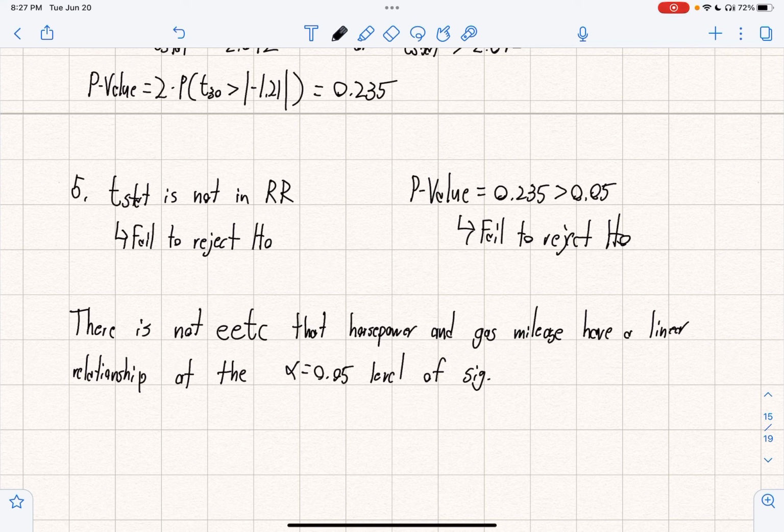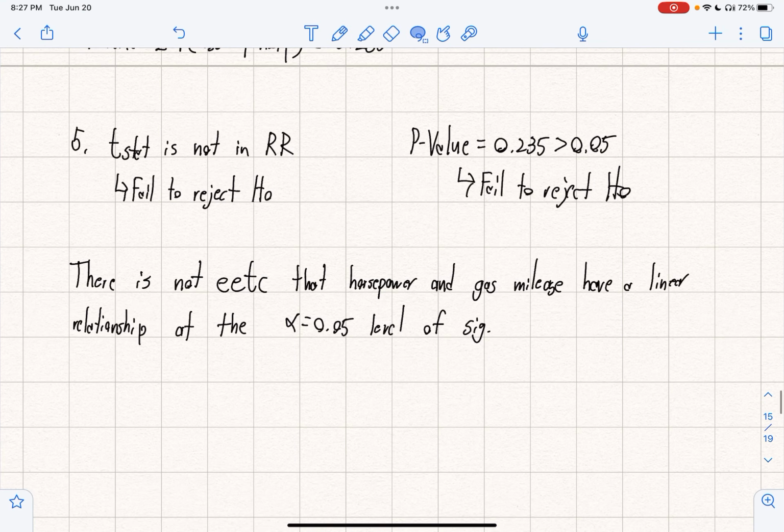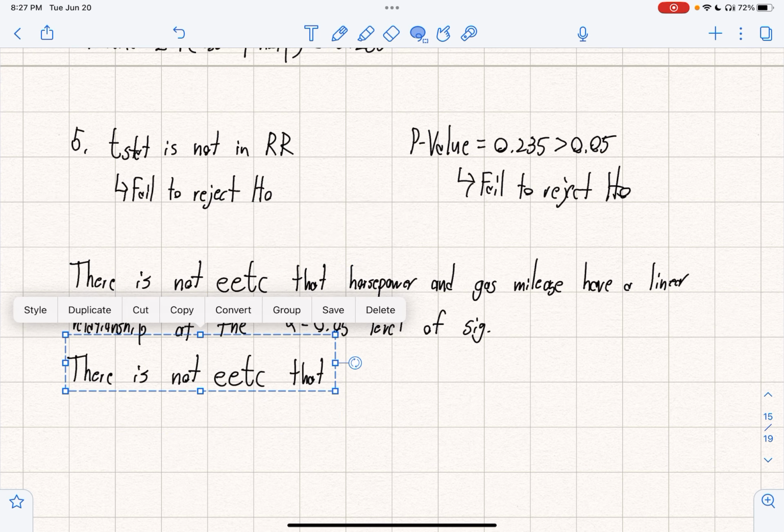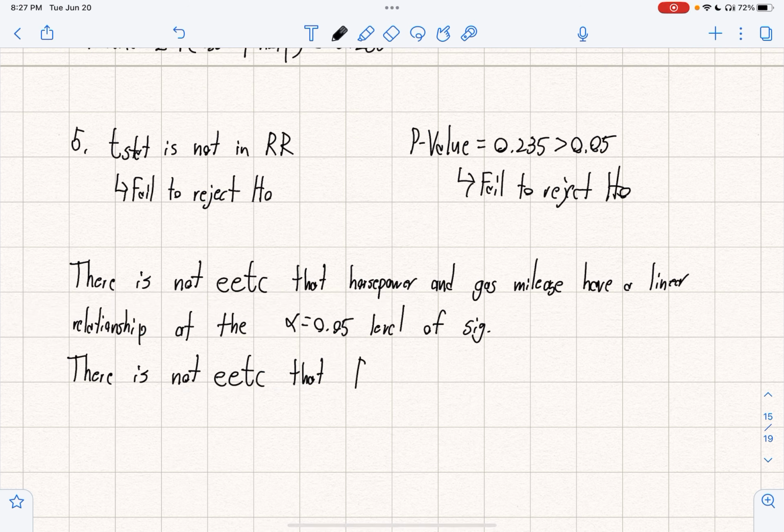Another way of saying it is that there's just not enough evidence to suggest that beta is different from 0. So we could say there's not enough evidence to conclude that beta 1 is different from 0.